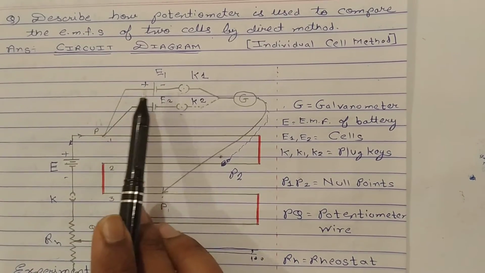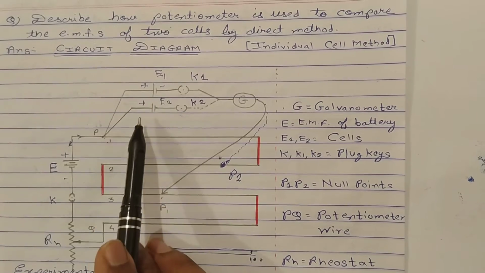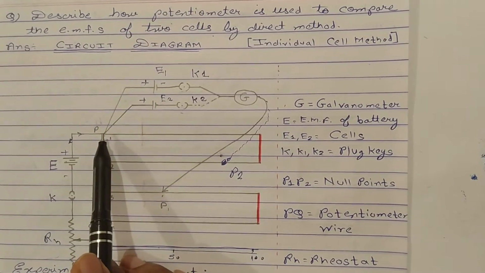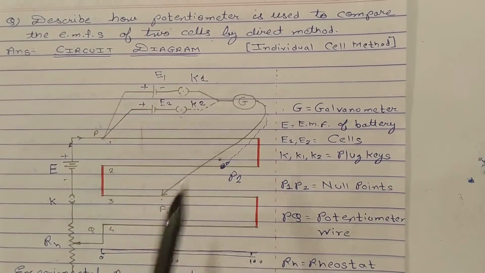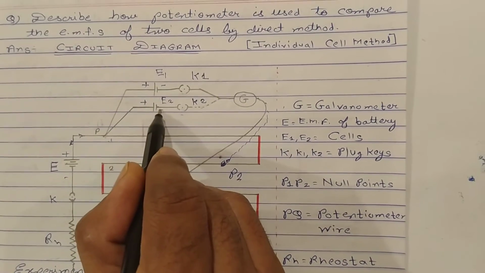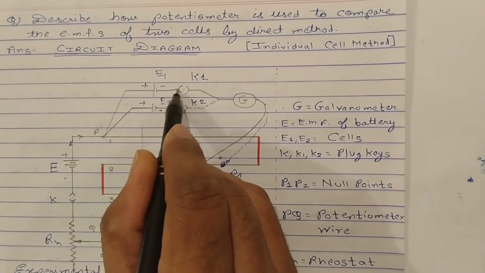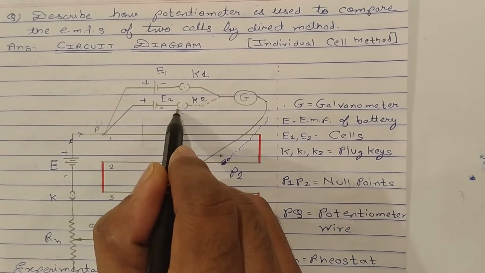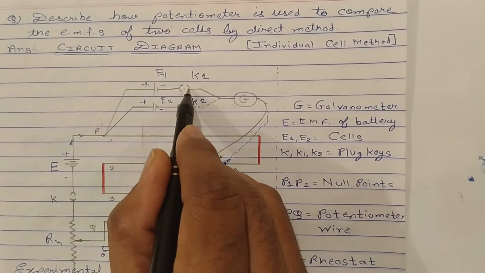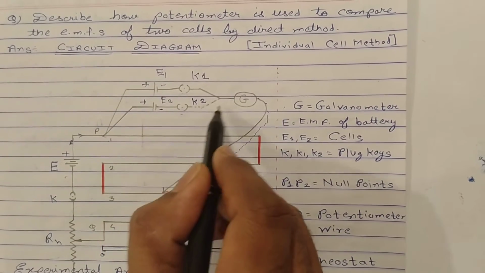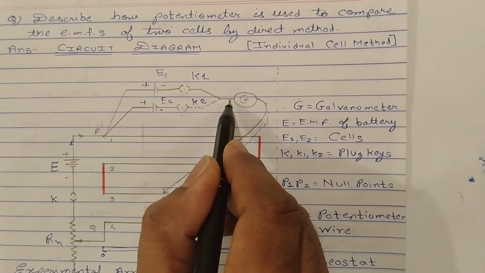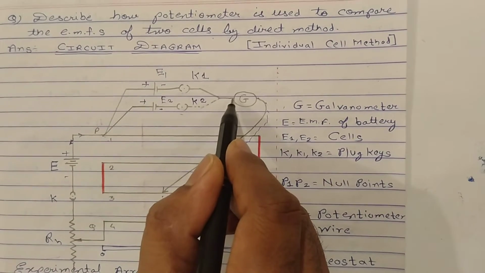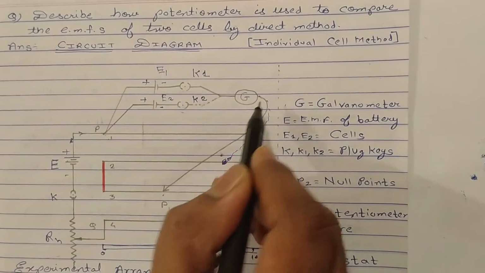We observe here in the circuit diagram, positive terminal of E1 and E2 connected to the point P, negative terminal of E1 and E2 connected to the one terminal of K1 and K2 respectively. Another terminal of K1 and K2 are connected to the what? Galvanometer G. Another terminal of the galvanometer G connected to what? Jockey.